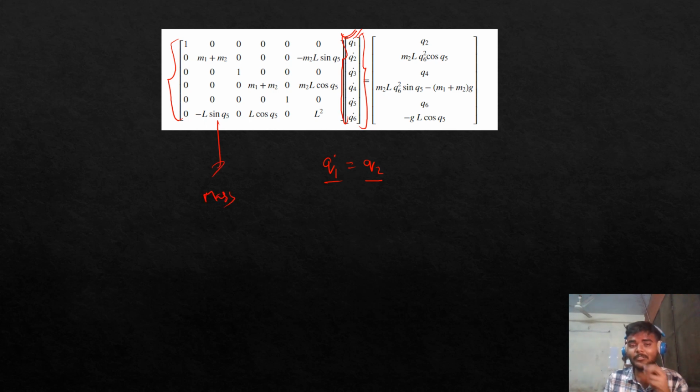Sometimes we can't divide it like that. Since functions were there, we can't move the q2 dash and all to the other side. In the previous slide you can see there was an equation involving both q2 dash and q3 dash. In this equation, q2 dash and q6 dash were both involved in the single equation.